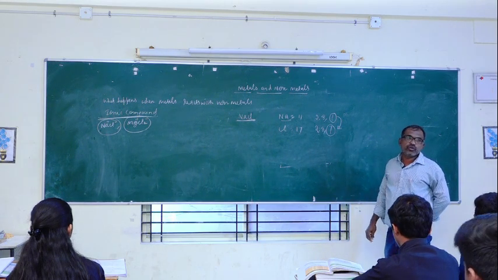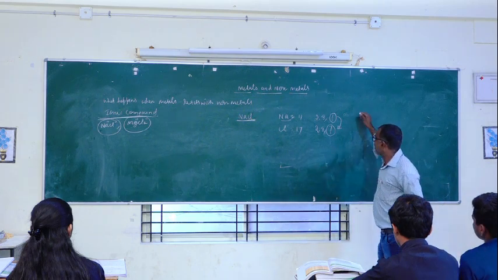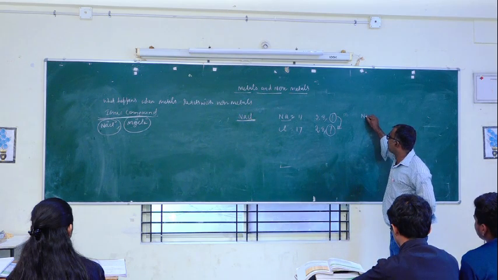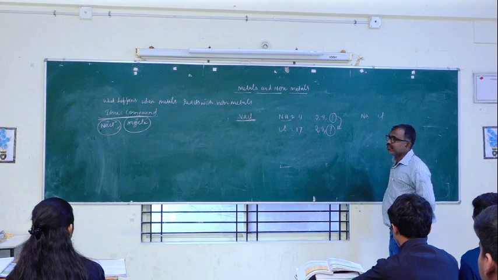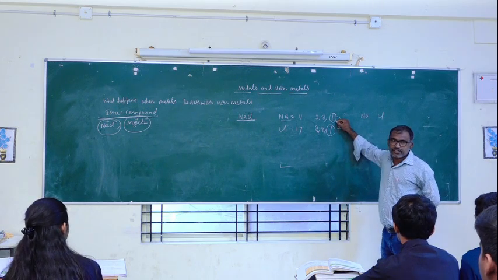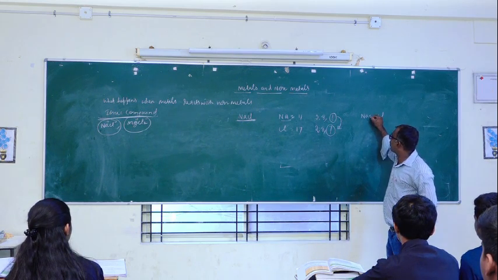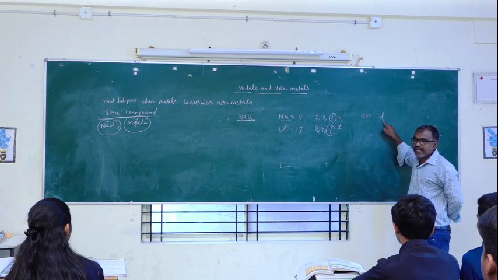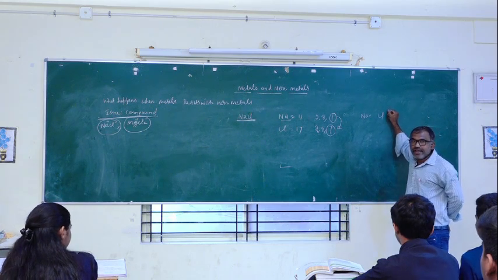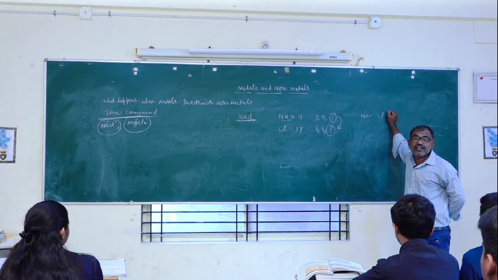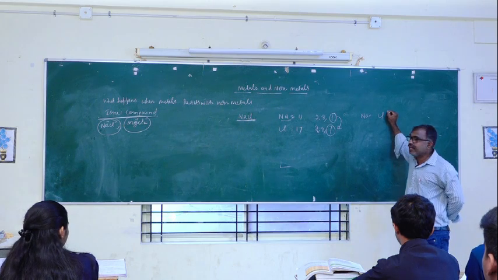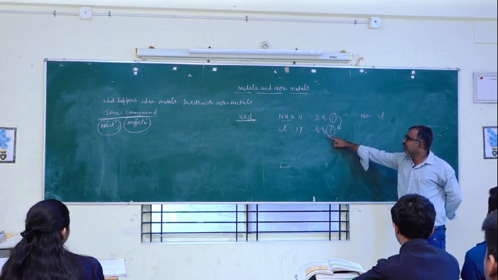So how are we going to show this? For example, NaCl. I am going to write Na, then Cl. In the outermost shell of sodium, how many electrons are there? Only 1 electron. Then in Cl, 7. Electrons are always in pairs.